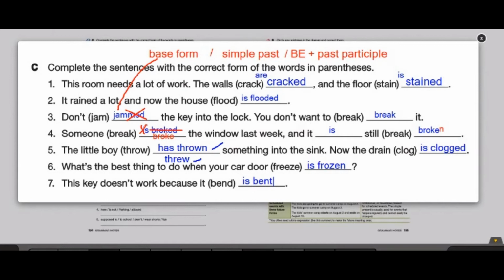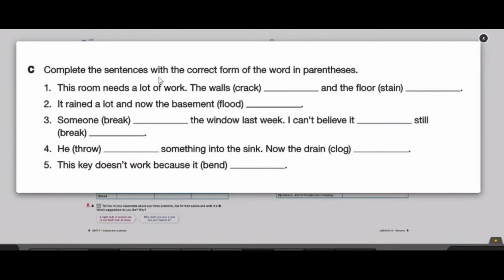Please, before we continue, do you have any questions? Other questions? Something to clarify? Maybe something that you don't understand that I need to explain again? It's clear. Okay. Similar to the previous activity, here, complete the sentences with the correct form of the words in parentheses.